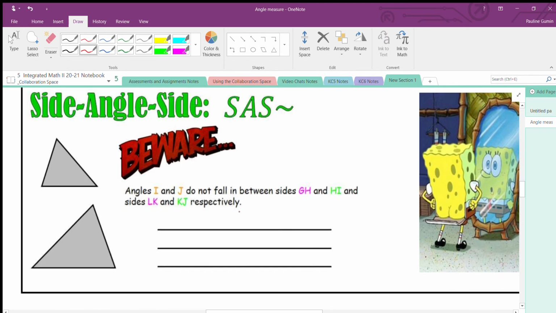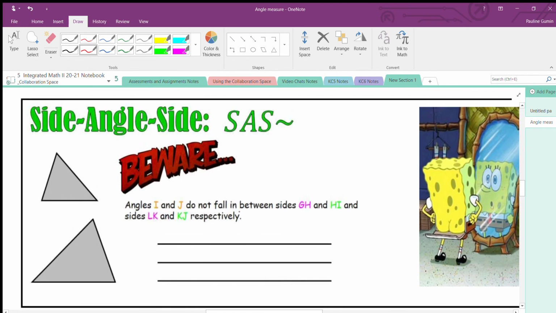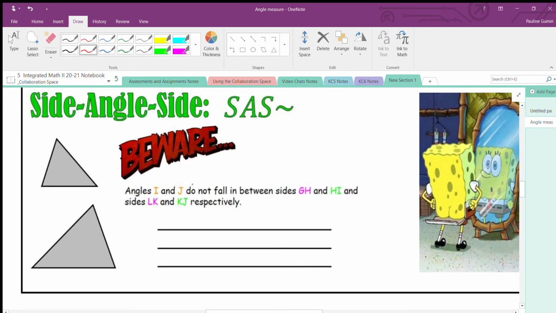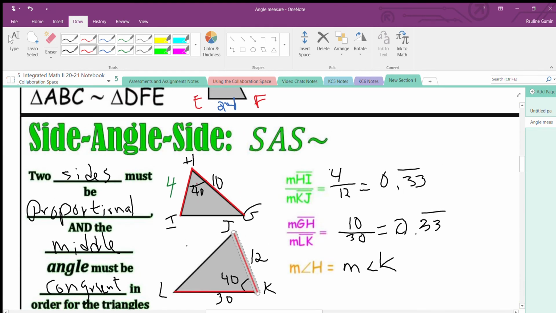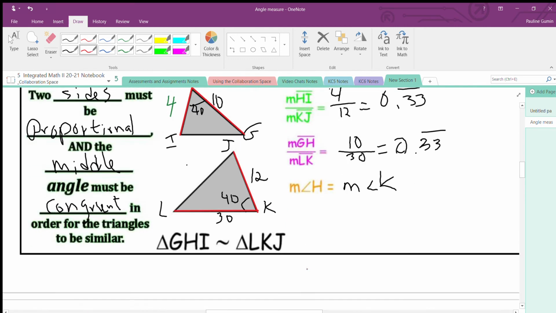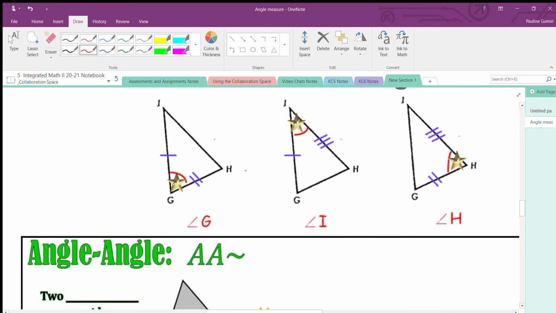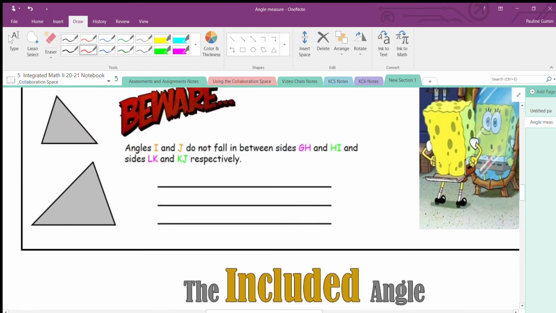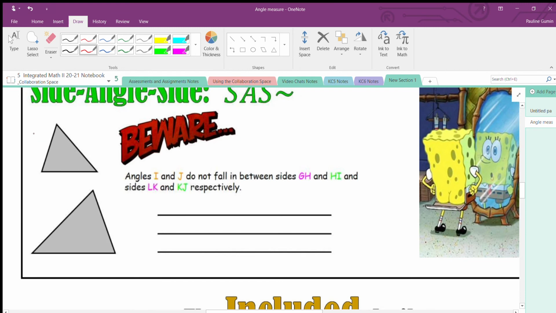So yeah, here's our beware part. You have to be very careful. Like I said here, you have to make sure that the angle is in between those two sides. So it's got to be here, or there, or there. You cannot, for example, have, let's make this 4, let's make this 8, something easy for us to see.